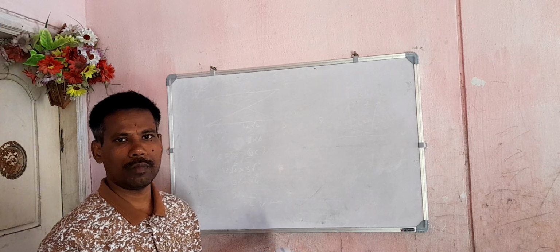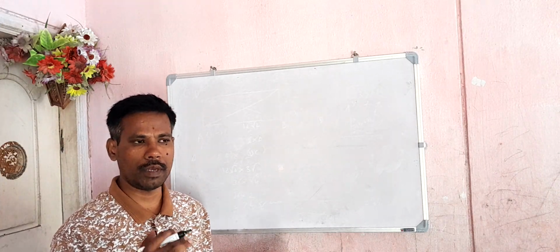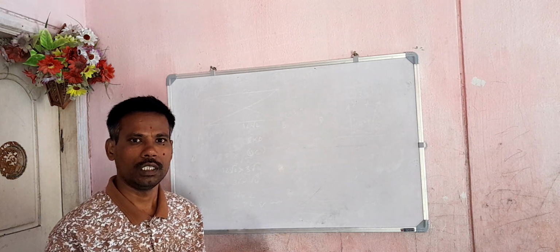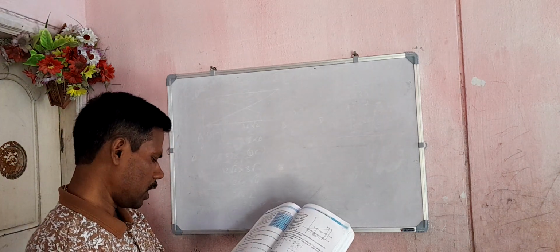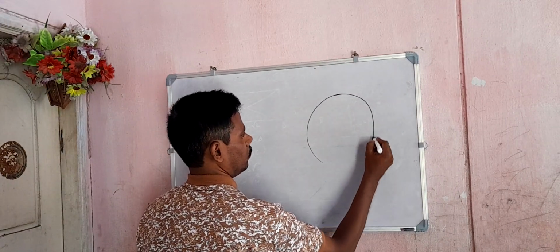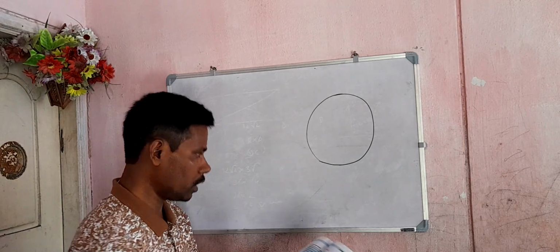And in coordinate geometry, imagination is always very important. Imagine the picture in front of you, the graph sheet is there, and how to locate the point is very important. And circle, you know very well, this is a circle. What is the center of the circle given? (3, 2).